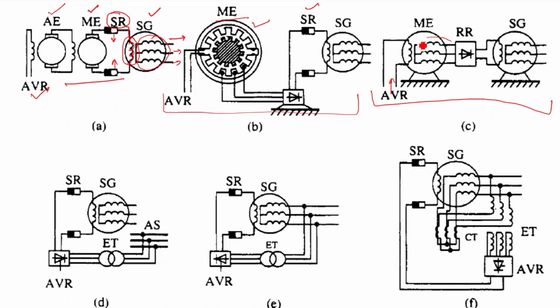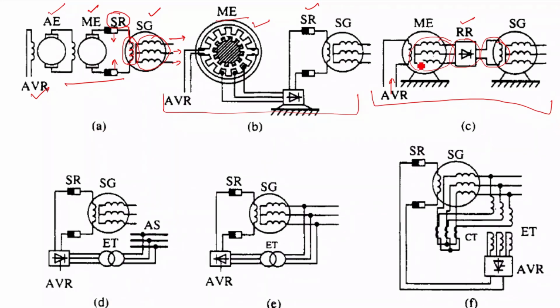This armature in the AC generator is on the rotor, and therefore we put one rotating rectifier in order to feed the field of the synchronous generator. The field of the synchronous generator is itself on the rotor, the same rotor. So both are on the same rotor.